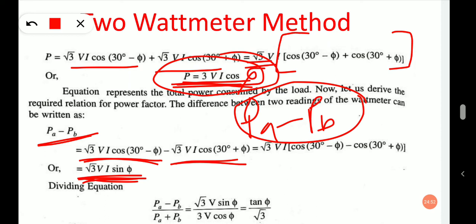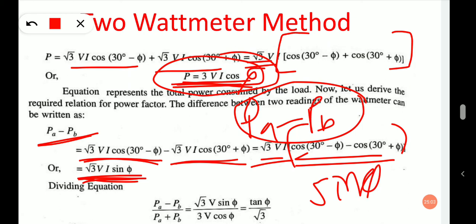Here root 3 VI is common, and in the bracket cos 30 minus phi minus cos 30 plus phi, and that will become sin phi. That's why PA minus PB is root 3 VI sin phi.